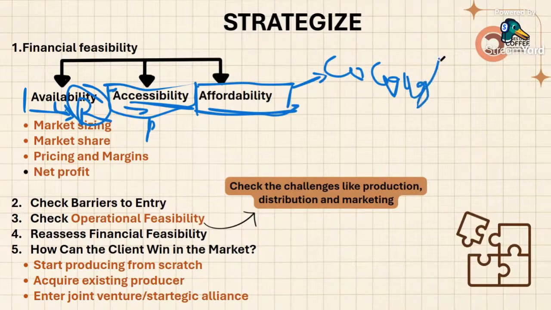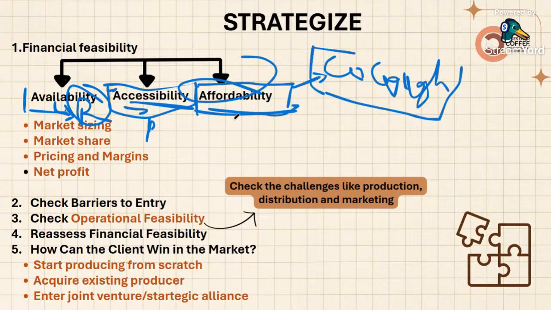The cough syrup is affordable, and they are exporting this product to the US market, or any other market. The product is affordable and available, but it is not accessible to them because in order to purchase this product, they need a doctor's prescription.